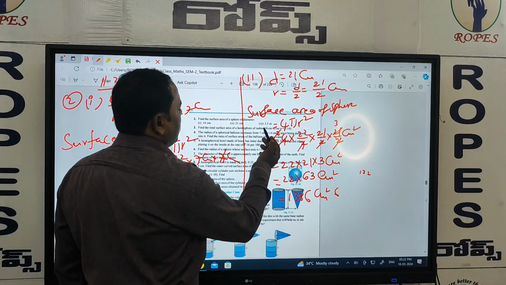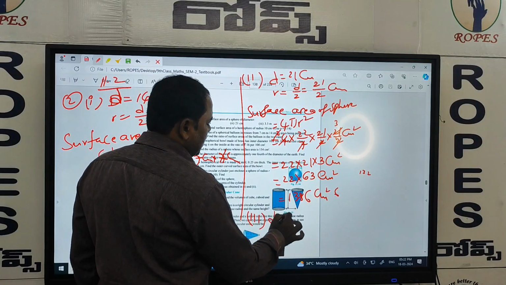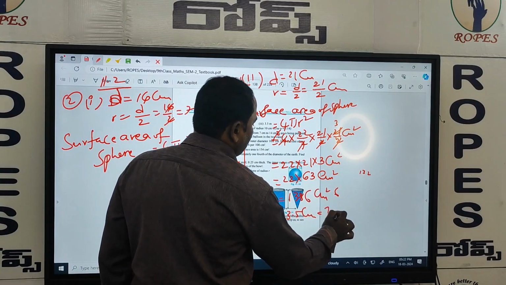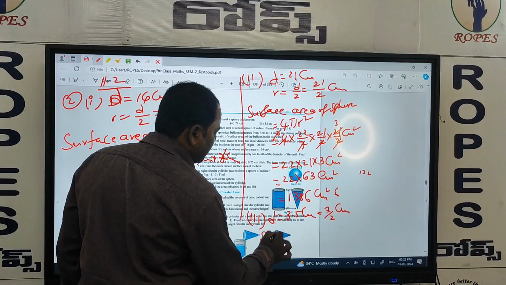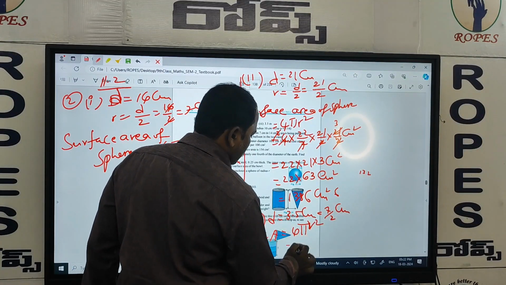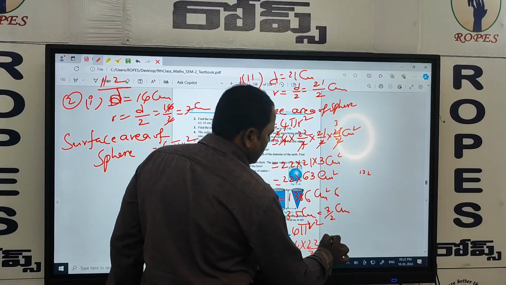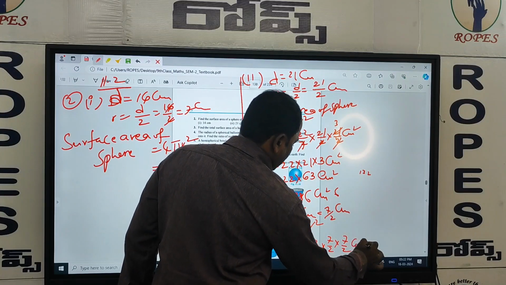And when the diameter is 3.5, see the third one, D is equal to 3.5 centimeters. That we can write as 7 by 2 centimeters. Next, surface area is equal to 4 pi r square, that is 4 into 22 by 7 into 7 by 2 into 7 by 2 centimeters squared.